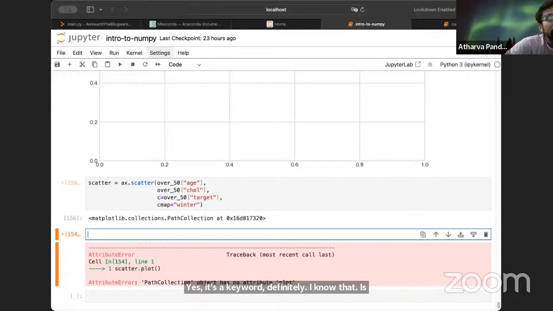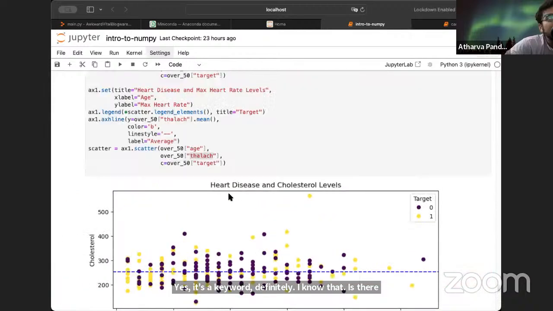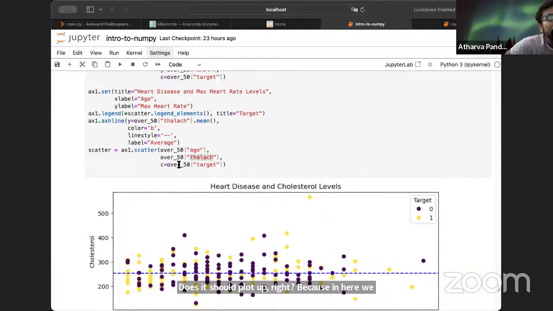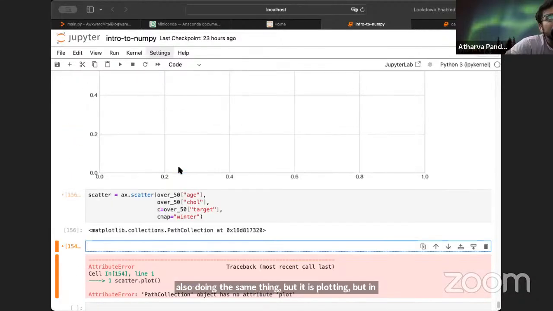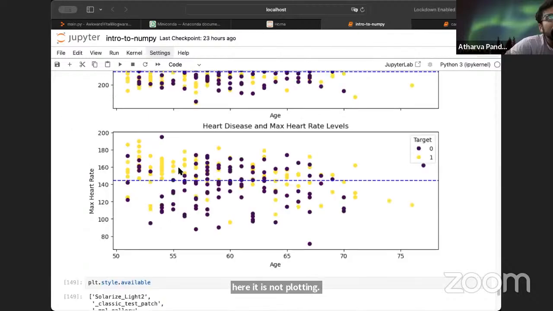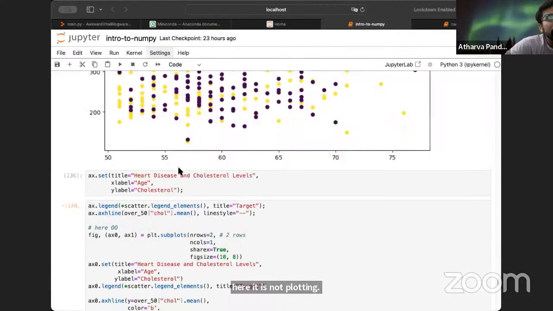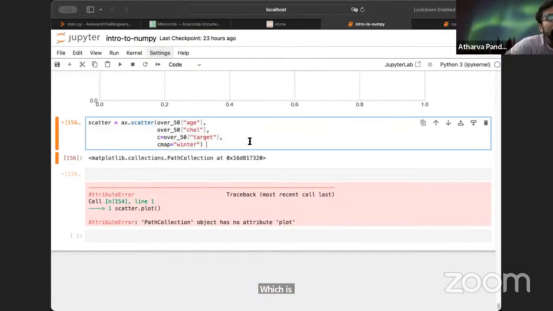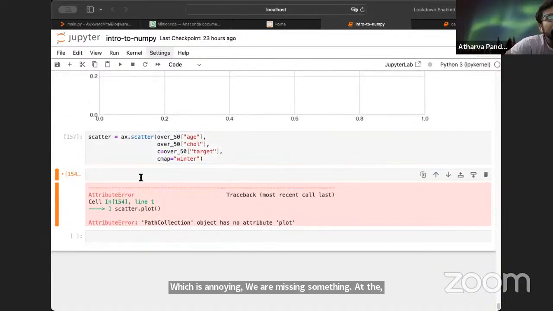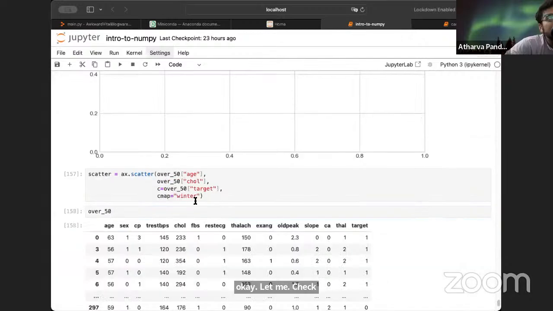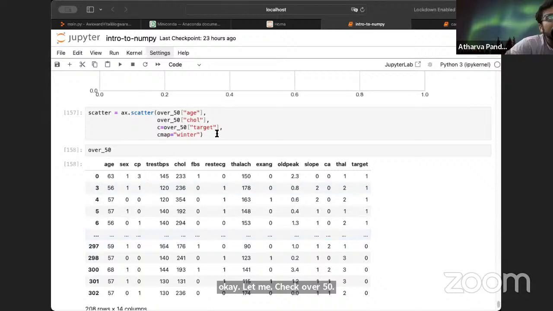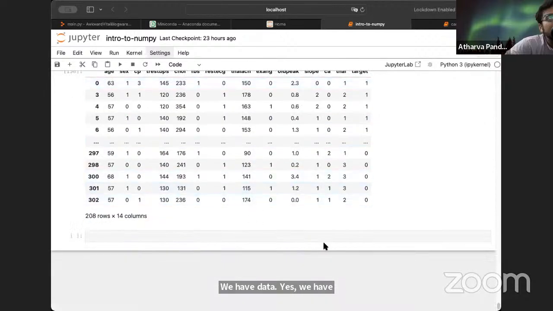Because it should plot, right? Because in here we are doing the same thing, and it is plotting, but here it is not plotting, which is annoying. Probably we are missing something. Okay, let me check. Over 50, we have data. Yes, we have data over 50, definitely.